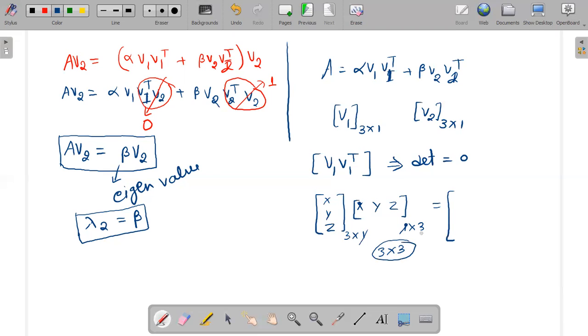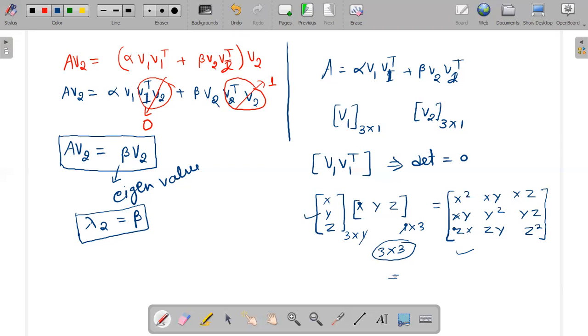This is x into x, x square, and this is xy, xz. Now the second row: yx, y square, yz. Then zx, zy, z square.